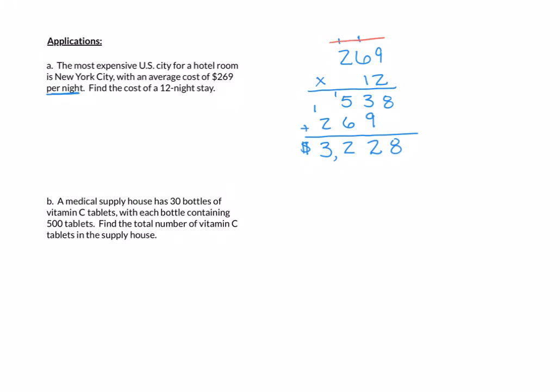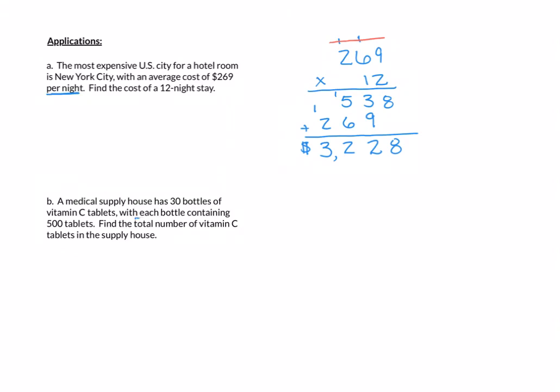Okay, for example B, we have a medical supply house that has 30 bottles of vitamin C tablets, with each bottle containing 500 tablets. We want to find the total number of vitamin C tablets in the supply house. So again, what are some phrases here that imply this is a multiplication?